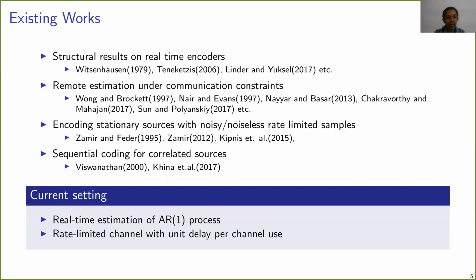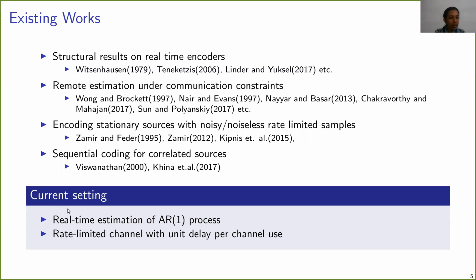The closest one to our work is the one by Kina and his group on sequential coding of Gauss-Markov sources. But these works do not consider the communication constraints and the resulting delay in the channel as in our work. Therefore, the trade-off between the precision in encoding and delay has not been studied in any of these works.